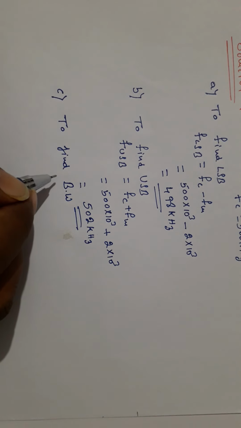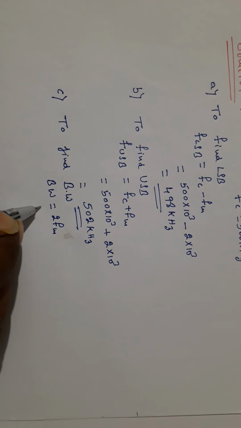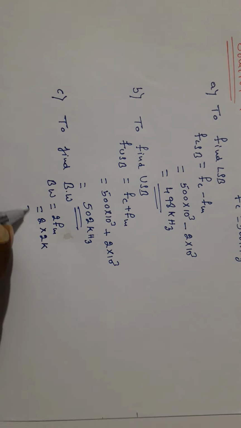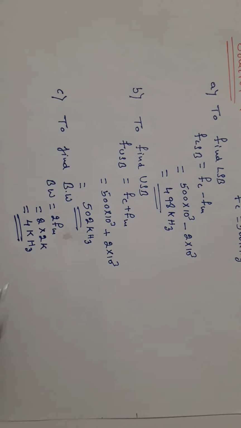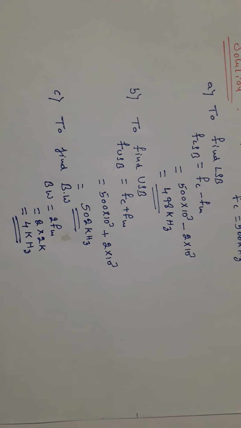We know the bandwidth of AM wave equals 2 Fm, that equals 2 into 2 kilohertz, that equals 4 kilohertz.